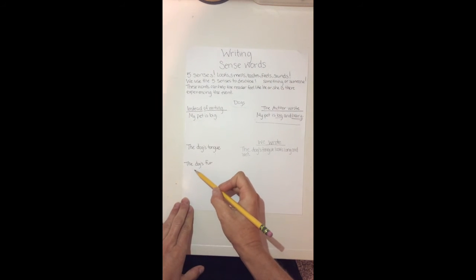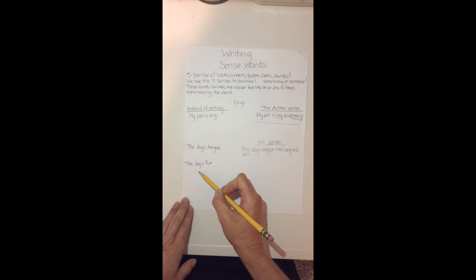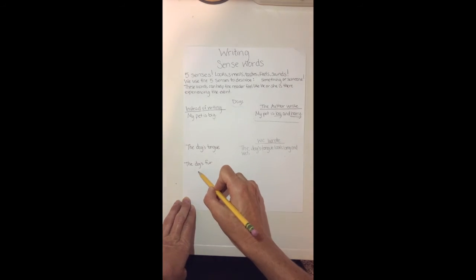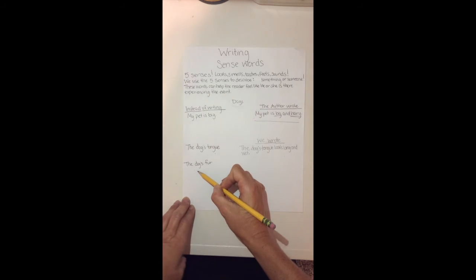Let's describe the dog's fur. We are going to look at the picture on page 78. We're going to use sense words to write a sentence that describes how the dog's fur might feel and smell. Let's look at page 78.